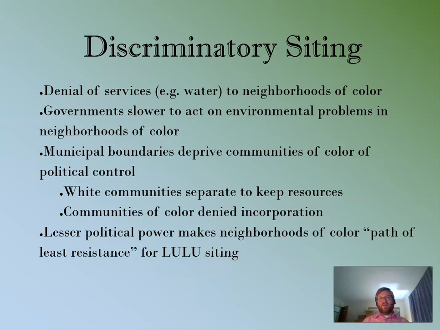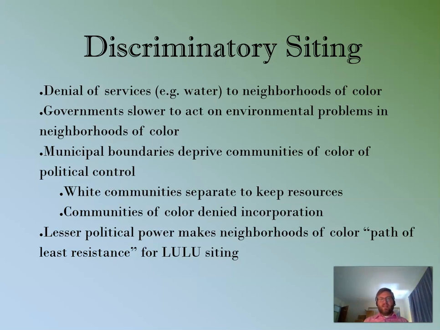People siting these will look for where's the easiest place we can put it, right? Where's the place we're going to have to spend the least on lawyers fighting over whether we're allowed to put it here. They may see communities of color as the path of least resistance, that these areas have less political power and will be able to put up less of a fight if they put this facility into that area.